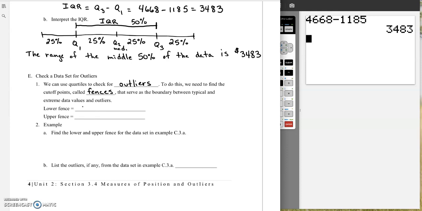To find the lower fence, we take the first quartile and subtract 1.5 times the interquartile range. To find the upper fence, we take the third quartile and add 1.5 times the interquartile range.